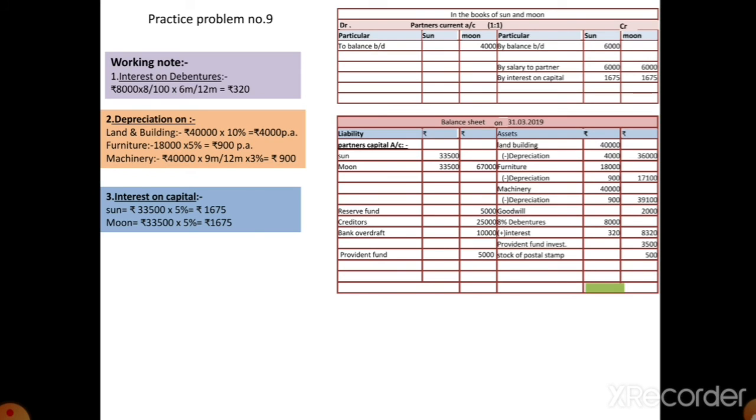Sun capital 33,500 into 5% is equal to 1,675, and again Moon capital 33,500 into 5% is 1,675. That effect is shown in the partners current account credit side by interest on capital, Sun column 1,675 and Moon column also 1,675. The second effect goes on the profit and loss account debit side.